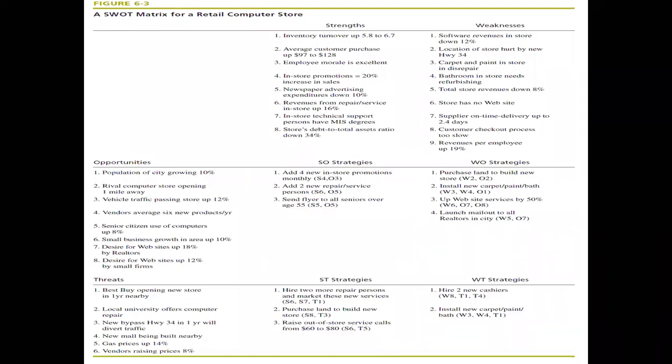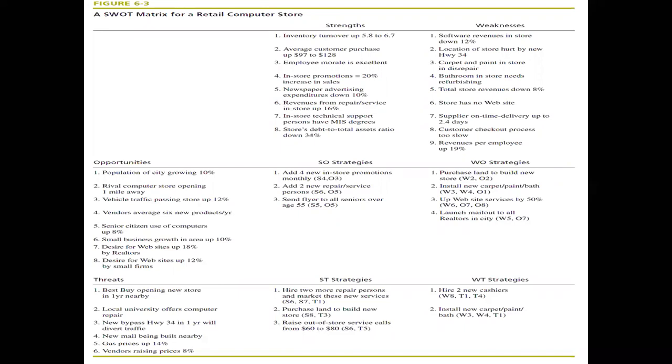Now let's take an example from the ST strategies. In ST, they are using 2 strengths, S6 and S7, and picking up the threat 1. Now S6 is revenue from repair service in store up 16%.